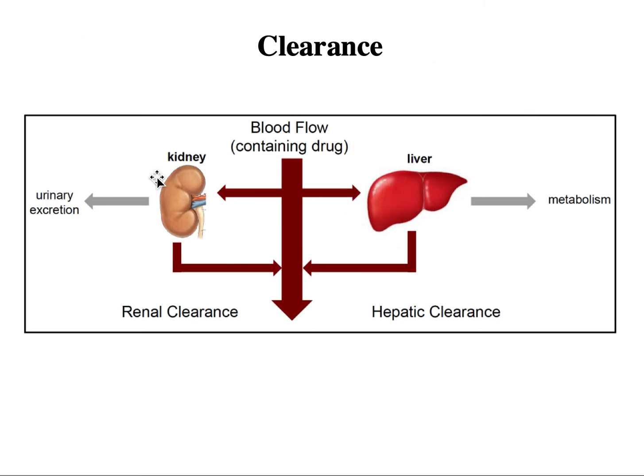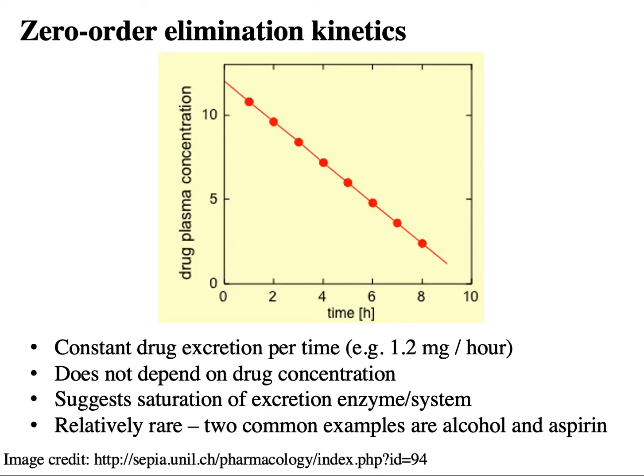Clearance, again, as we talked about before, has two mechanisms: liver and kidney. At the end of the day, you're trying to get stuff into urinary excretion. There are a number of kinetic models, including zero order kinetic models for the change in plasma concentration over time.